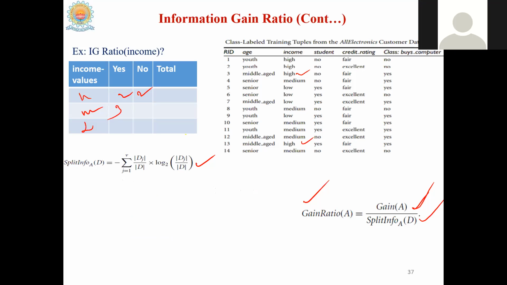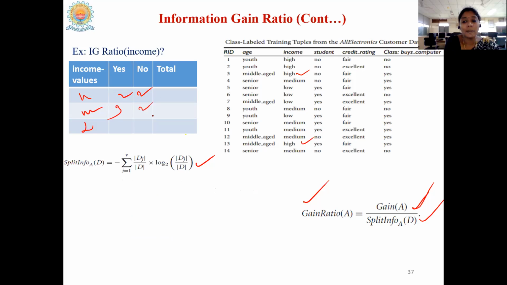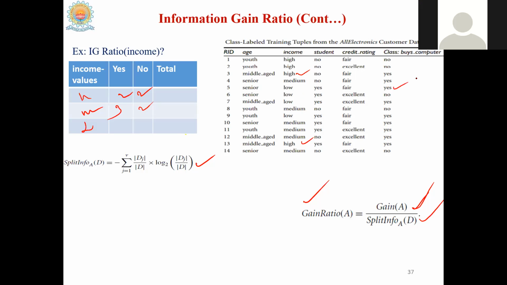Next, out of all the low tuples, how many yes are there? Low tuples, so 1, 2, 3, 4. Out of 4, how many yes are there? 3. So 3 yes.